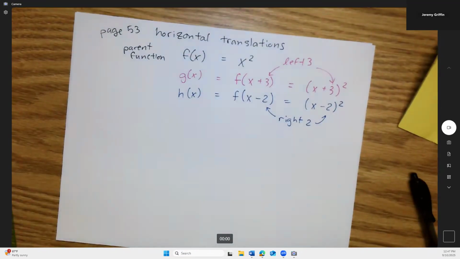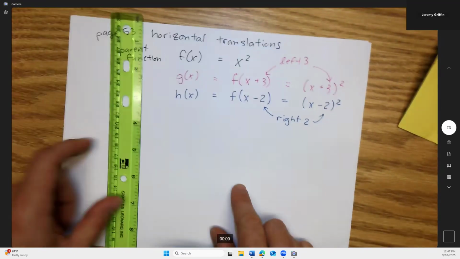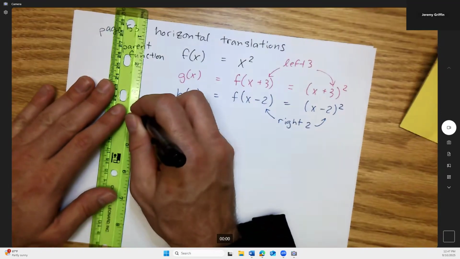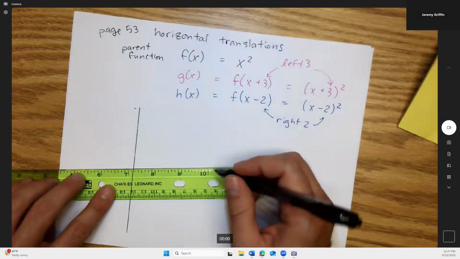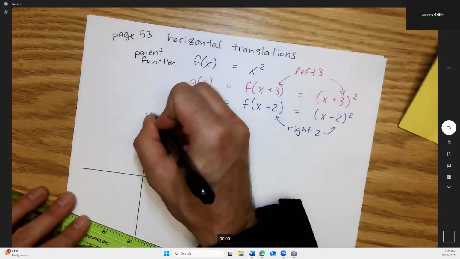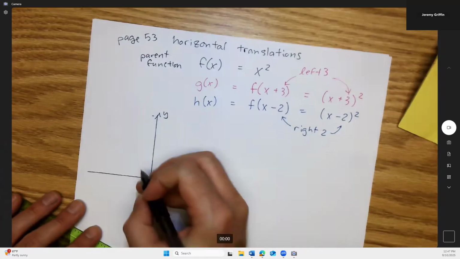All right, now I'm making that claim. Let's actually graph all 3 of these, and then I'll make XY tables, and we'll see if this actually measures up. Is it what I'm claiming it is? So we've got the x-axis, y-axis.